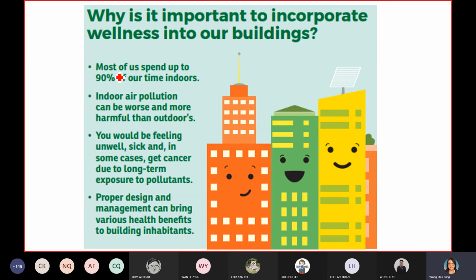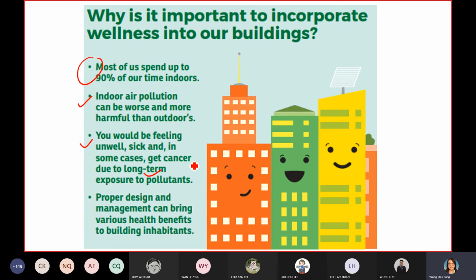Why? Of course, okay, something for you to think about. Why is it important to incorporate wellness inside our building? As I said just now, most of us spend more time indoors. And indoor air pollution can be worse and more harmful than outdoor. You will be feeling unwell, sick, and in some cases, you can get cancer due to long-term exposure to indoor air pollutants.